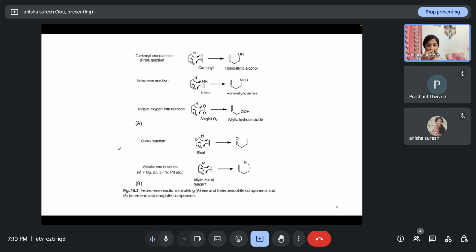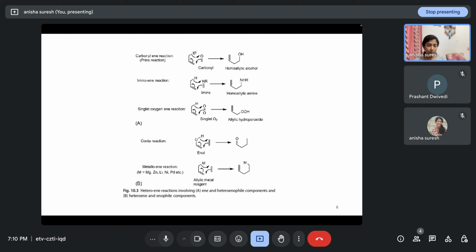Now, coming to hetero-ene reactions, in the first 3 cases, the ene is normal carbon-carbon and hetero-enophile components are involved, and in the second case, that is Conia-ene reaction and the metallo-ene reaction, the hetero-ene component and the enophile components are involved. So coming to the first case, that is carbonyl-ene reaction or Prins reaction.